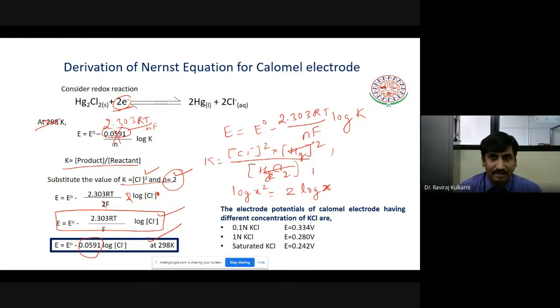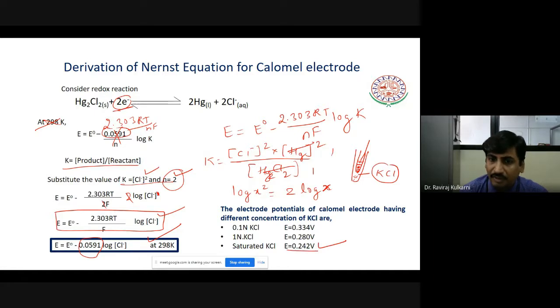In the outer tube, you have taken KCl solution. In the inner tube, you have mercurous chloride, mercury and platinum wire. So the potential depends on this KCl solution. If you use saturated KCl, its value is 0.242 volt.